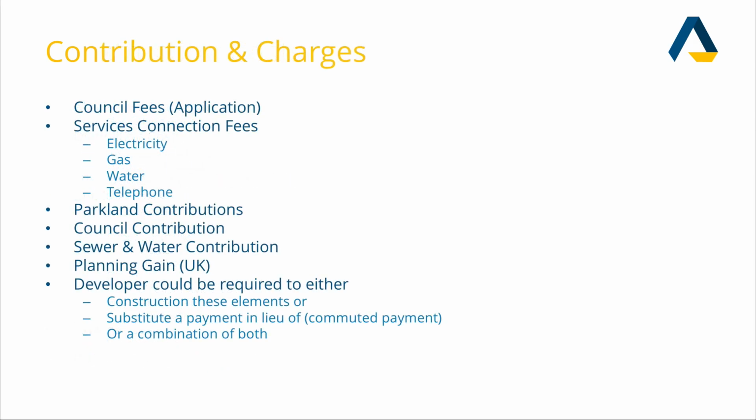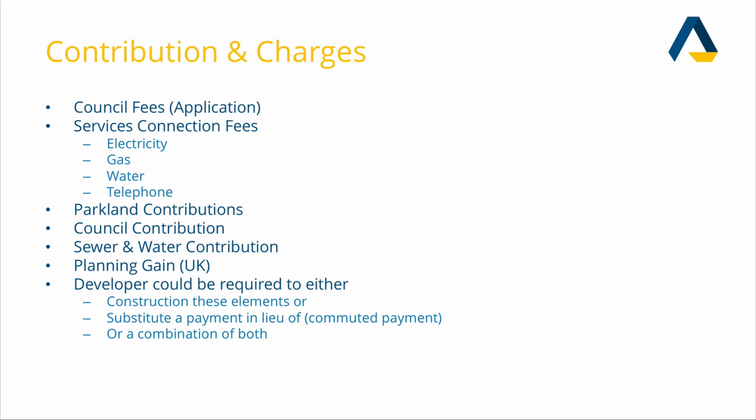Contribution and charges. Different countries, different councils, different states have different fee structures that go towards infrastructure levy. They can go to parkland contributions or council contributions, commonly known as council fees. They could be service connection fees for the new site, for gas, water, electricity, internet, broadband, telephone.